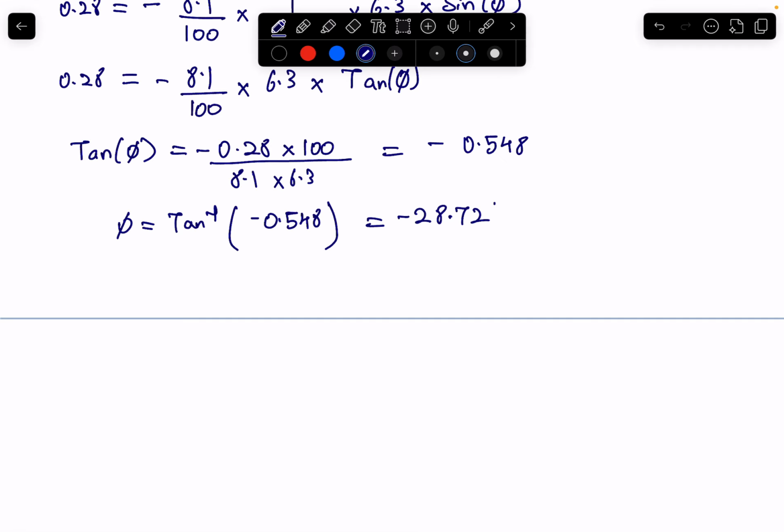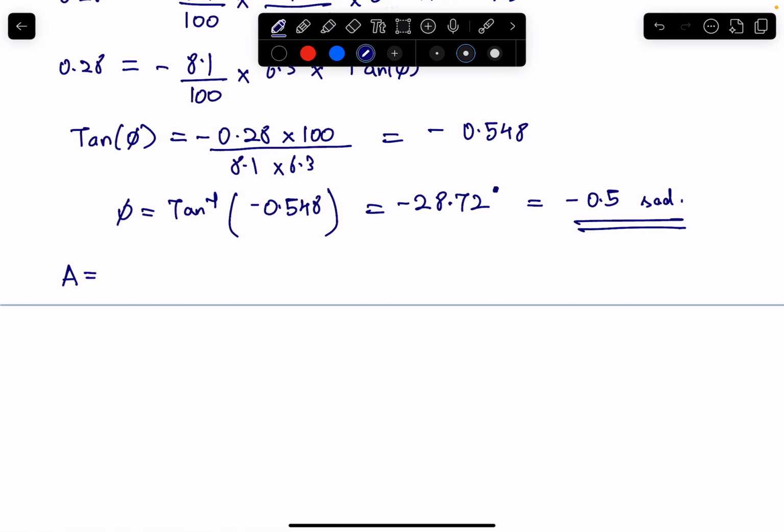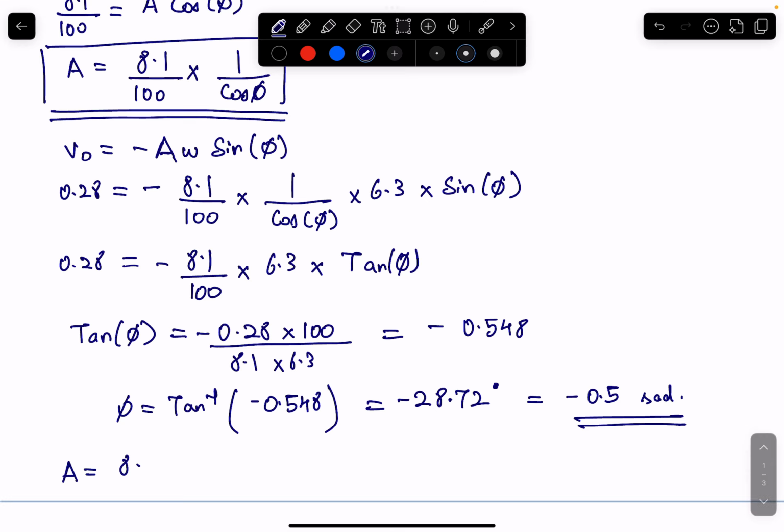I think this is in degrees, so I'll have to convert this into radians, multiplied by pi divided by 180. So I get negative 0.5 radians. Perfect. So I know the value of phi, and I can find the value of A using this equation. So it's 8.1 divided by 100 multiplied by 1 divided by cosine of phi, which is cosine of negative 0.5 radians.